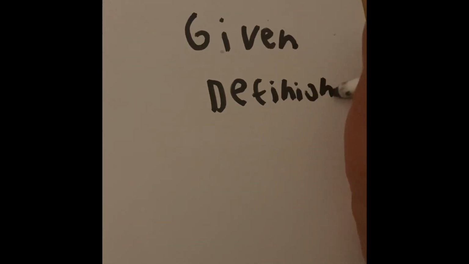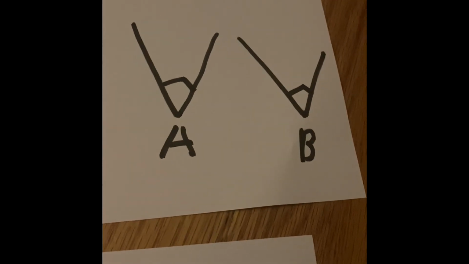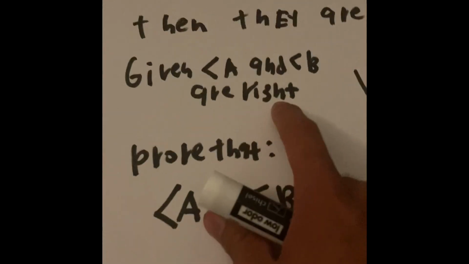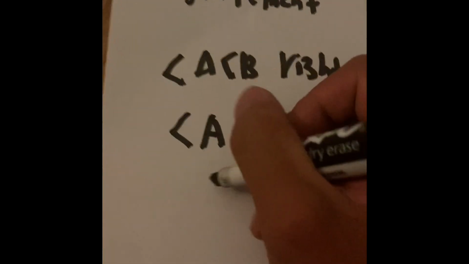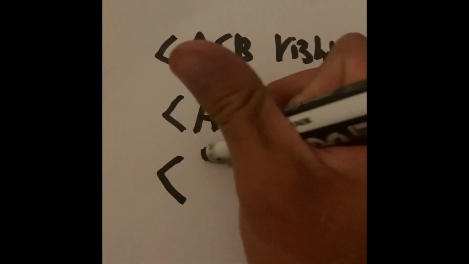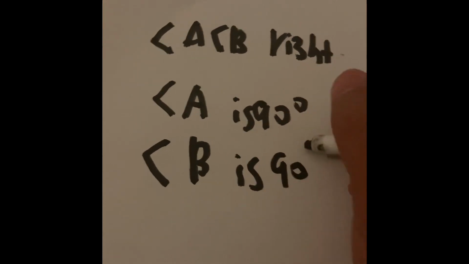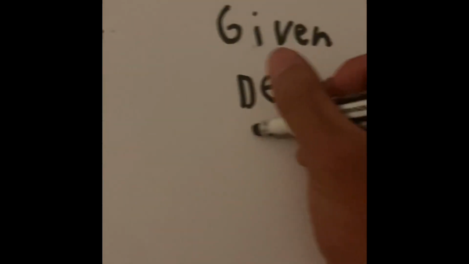To define a 90-degree angle, you can say that is correctly right. Not only that, if A and B are both right, we could also say that angle B is a right angle, or 90 degrees. And that also goes with definition.